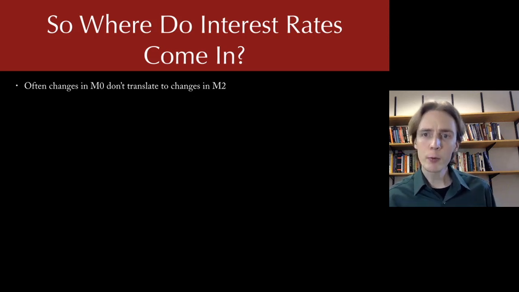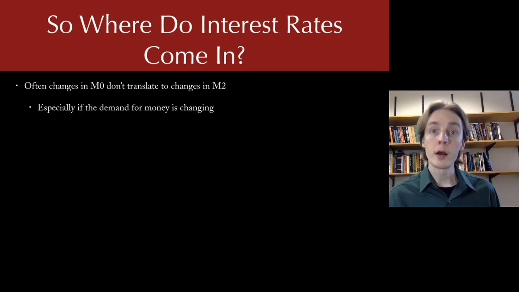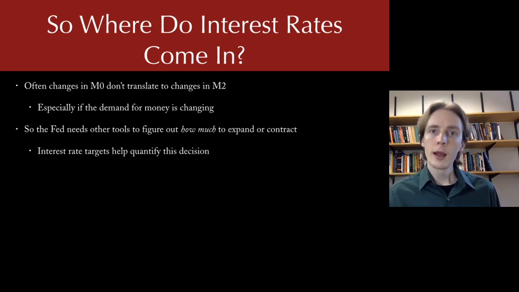And so especially when the money multiplier is not constant, when the demand for money is changing and the ratio between M0 and M2 is changing, the central bank needs to know how much it needs to increase M0 in order to get a certain amount of M2. Interest rate targets help to quantify this. It helps answer the question of how much M0 we need to put into the economy to get a given amount of broad money.